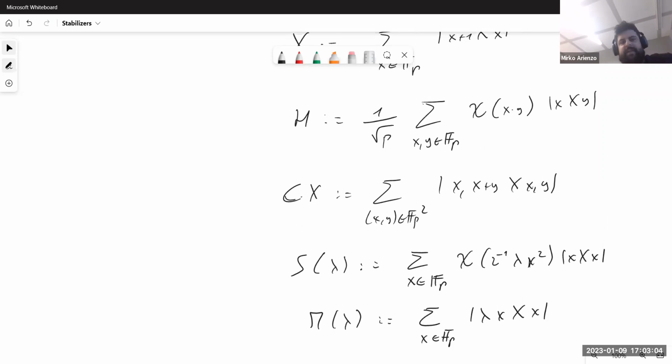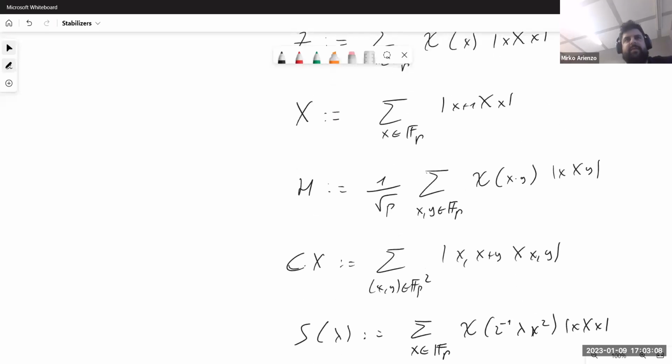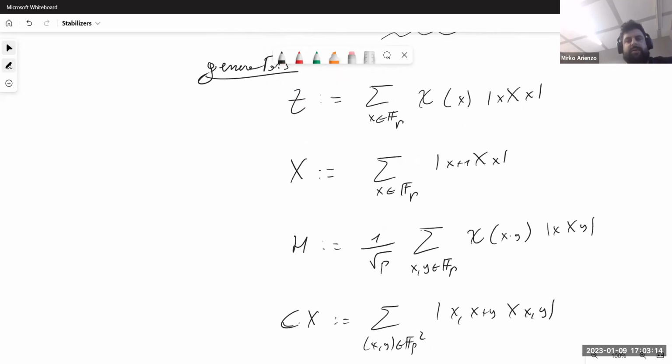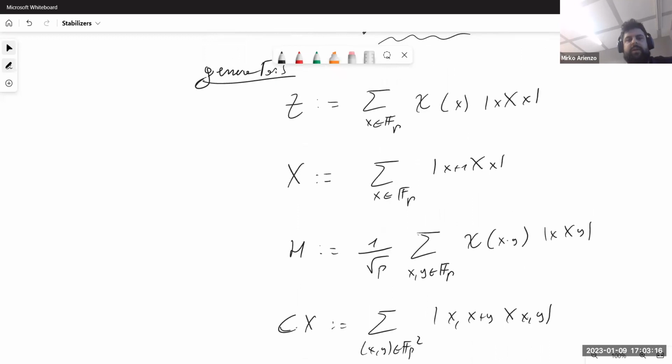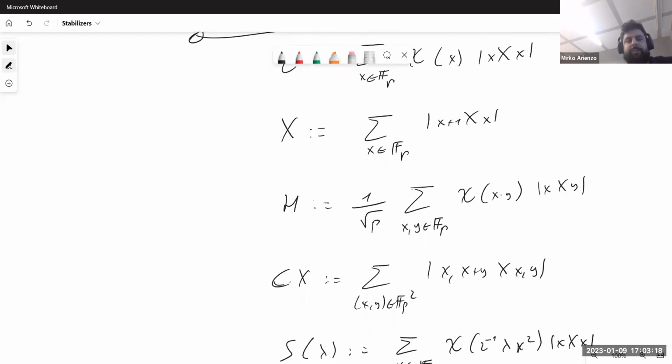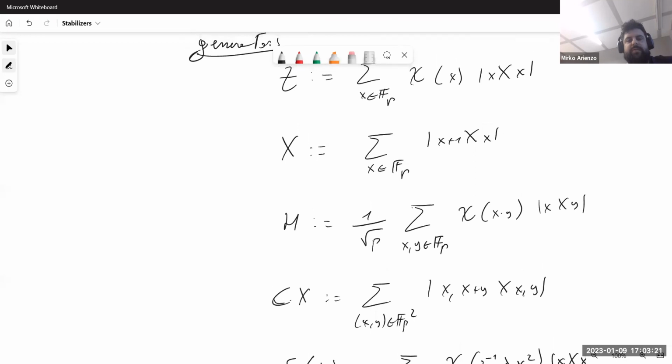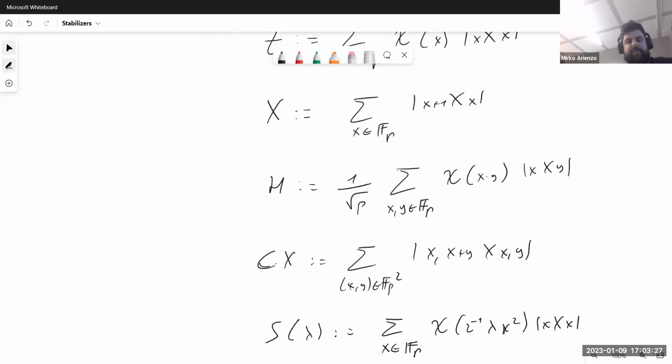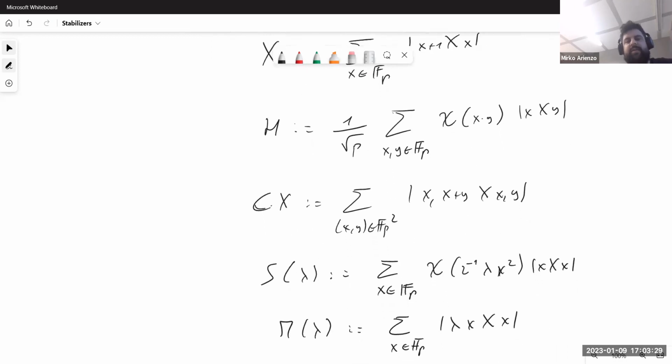But the thing is, these operators are generators also in the qubit case that I mentioned, because one can prove that one can construct the Clifford group in such a way for qubits, of course, in such a way that these are generators.